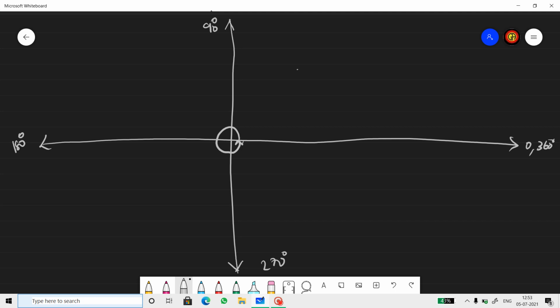Now if the given angle is below 90 degree, all such angles fall in the first quadrant. All angles less than 90 fall in the first quadrant. All angles above 90 and below 180 fall in the second quadrant.